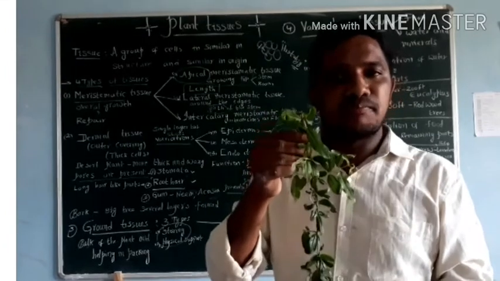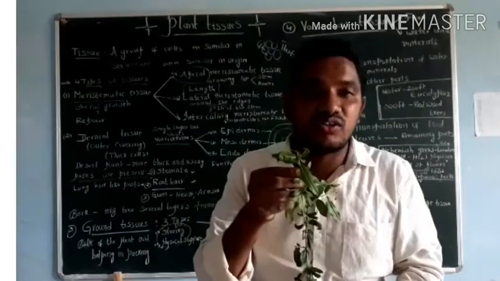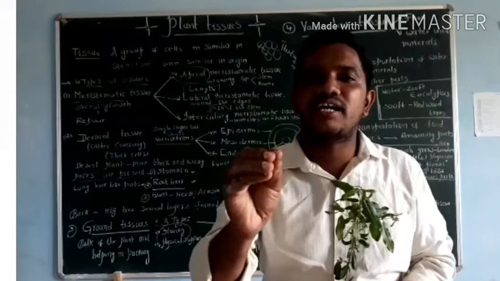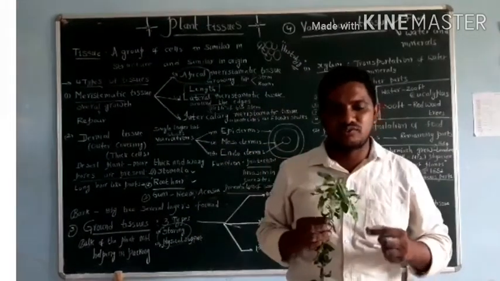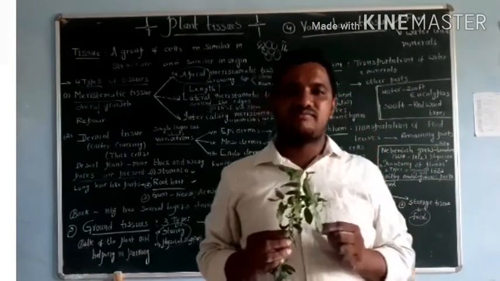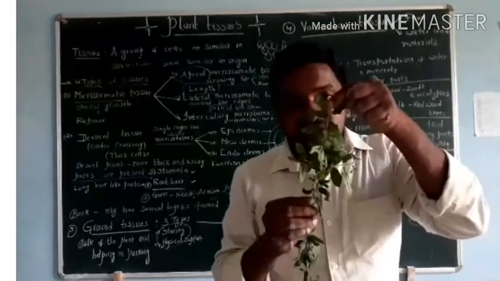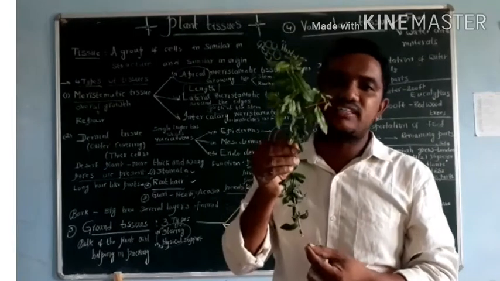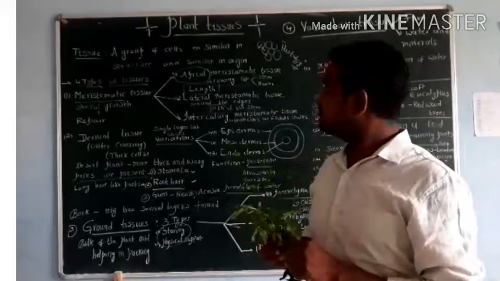The meristematic tissues present at the tip of the stem and at the tip of the root are called apical meristematic tissue.